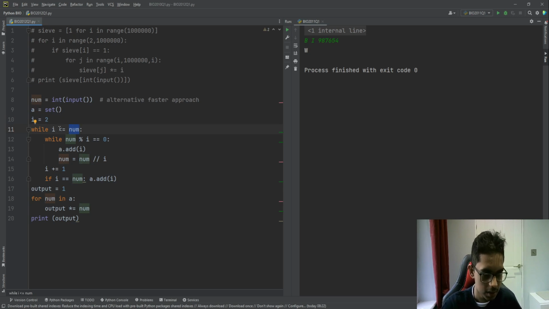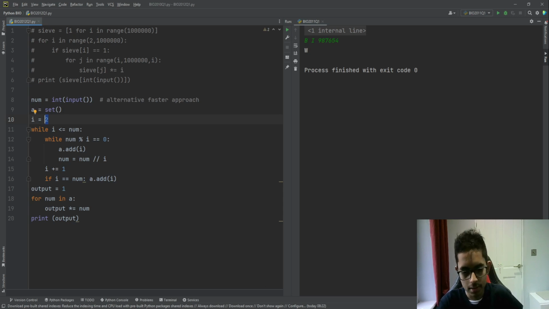And what I'm doing is, while i is less than or equal to the number, I am just adding numbers to the set, and these numbers will be the prime factors of this number. I think it's a bit unclear if I just explain it like this, so let's go to the whiteboard and I'll quickly show an example of how exactly this code will work.